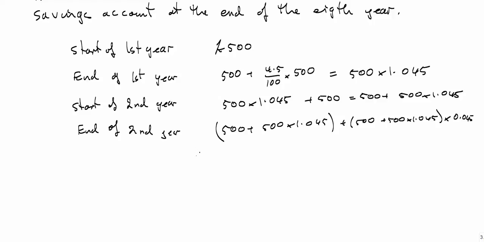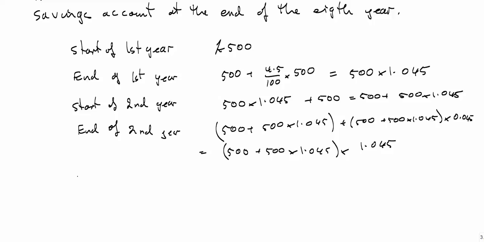Now we can factorize that, because we have 1 of this 500 plus 500 times 1.045, and then 0.045 times that. So in fact that comes to 500 plus 500 times 1.045 times 1.045. And in fact, just adding 4.5% onto an amount is the same as multiplying by 1.045.